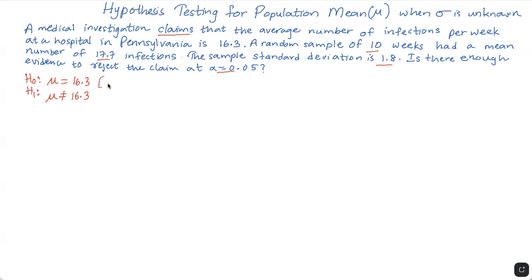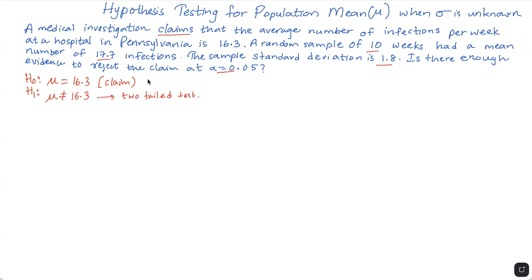In this case, the null hypothesis is the claim, and the alternative is the not equal case. So since this is a not equal case, this is a two-tailed test.